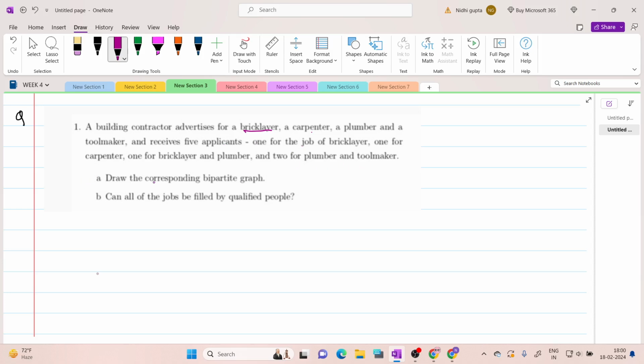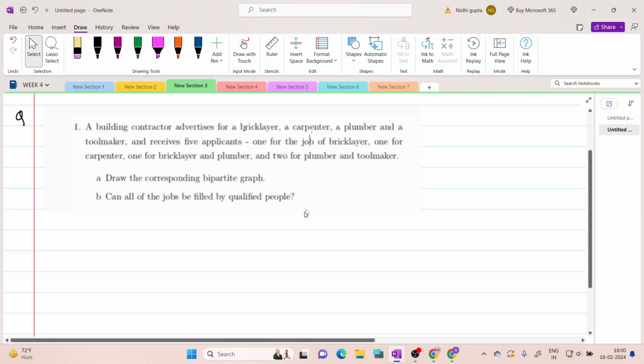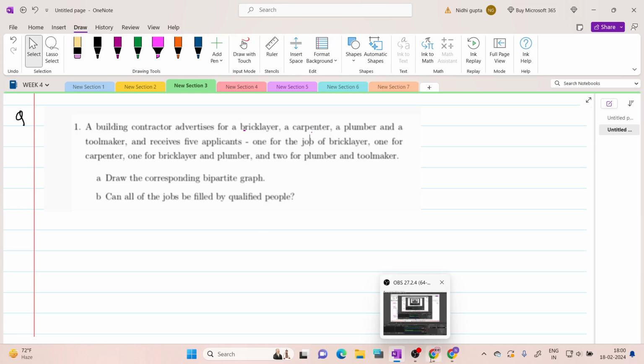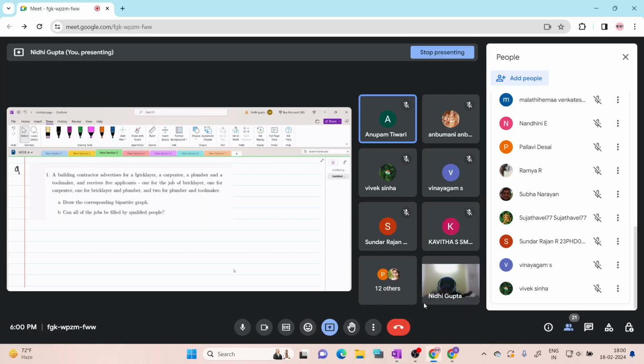First of all, draw the corresponding bipartite graph, and secondly, can all the jobs be filled by qualified people? So what are we supposed to do in this question? First, ma'am, we have to draw the bipartite graph. Then we have to see the matching. Yes, okay, so that much is clear.